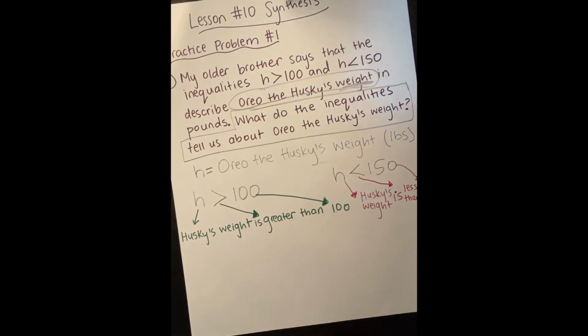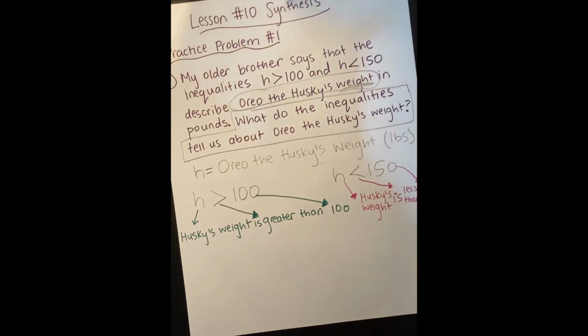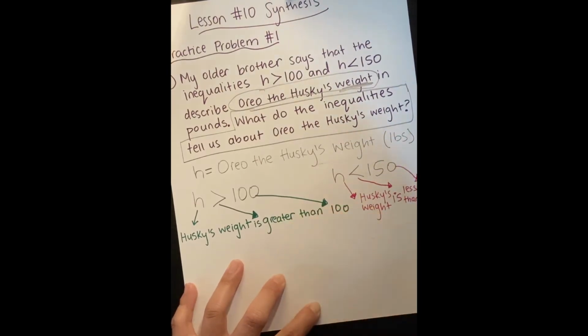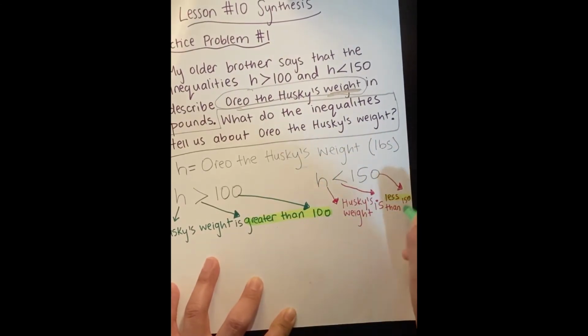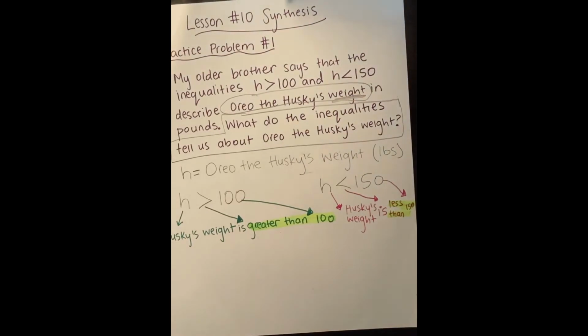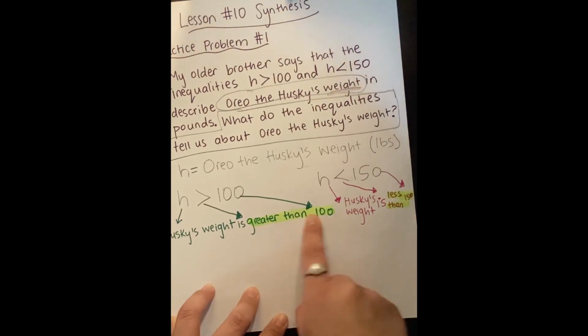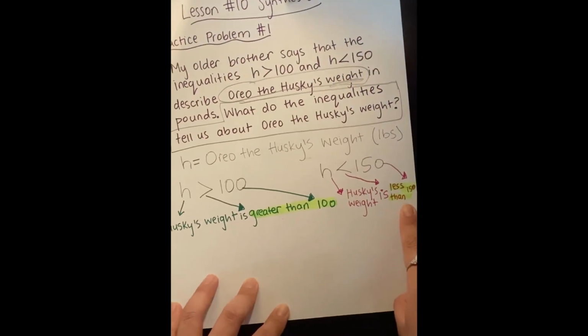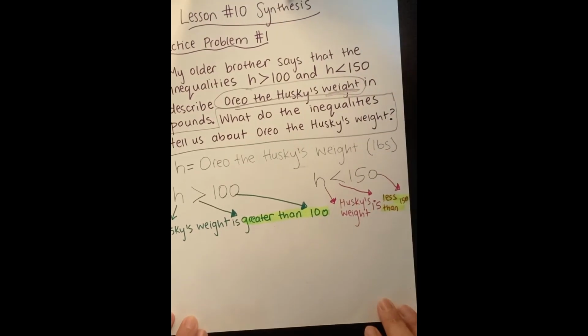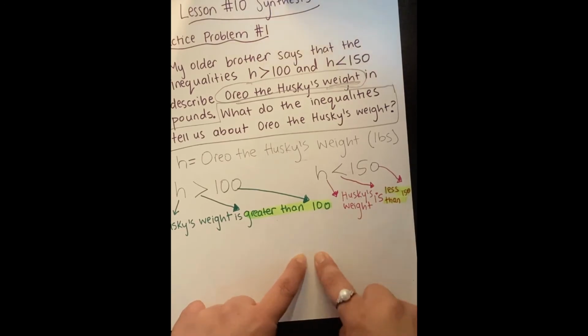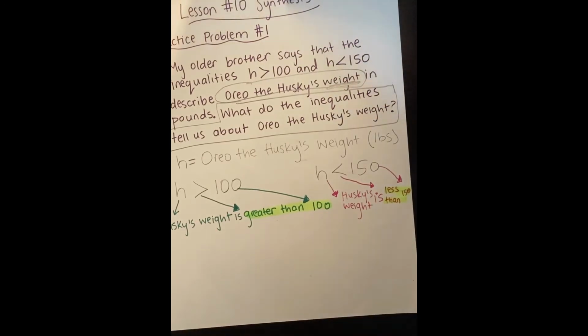So I'm going to take a highlighter to highlight the important information here, that his weight is greater than 100, but less than 150. So what that means, I can write it like that, his weight is greater than 100 and less than 150.